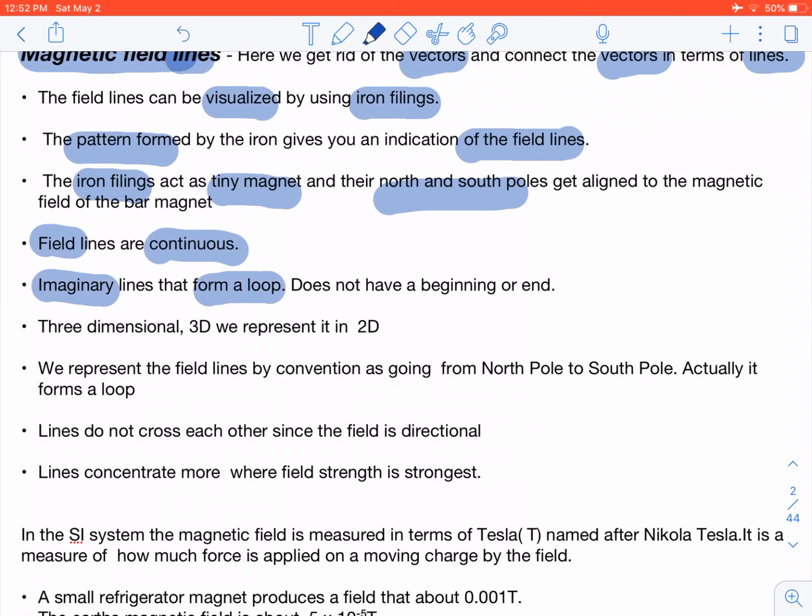They do not have a beginning or an end. Unlike an electric field, where the electric field lines have a beginning and an end. Then these magnetic field lines are 3D lines, although we represent them as 2D, on a surface, right?